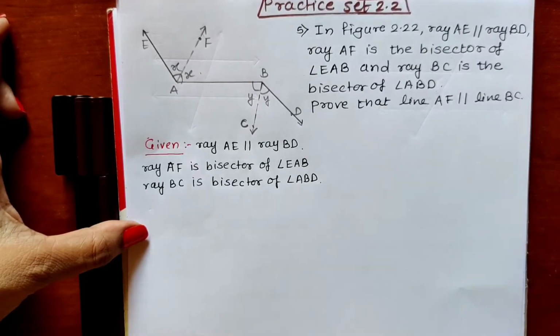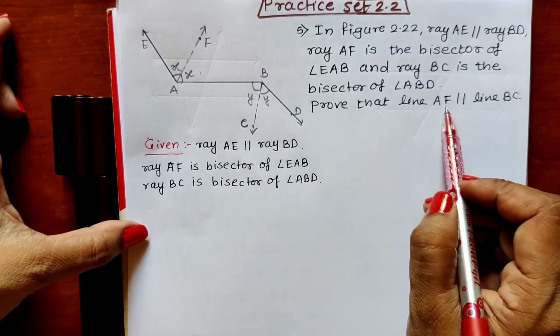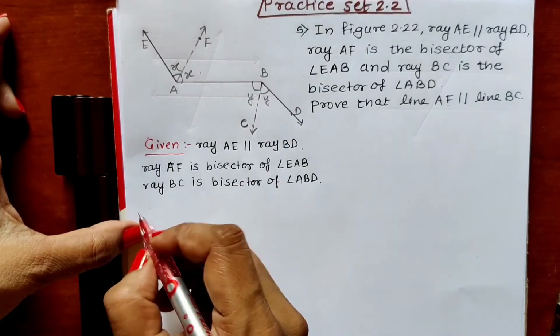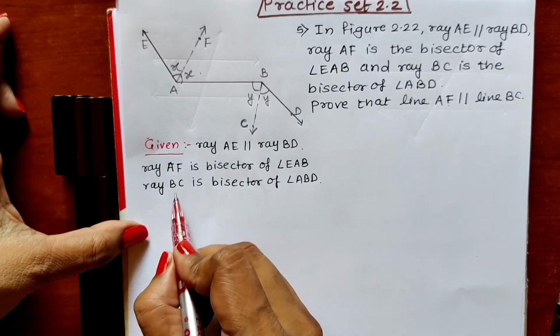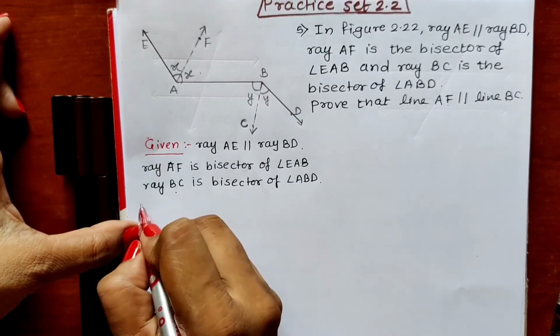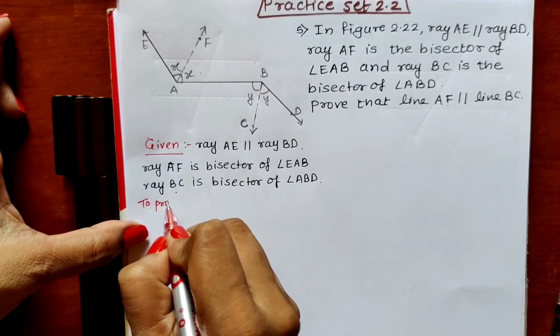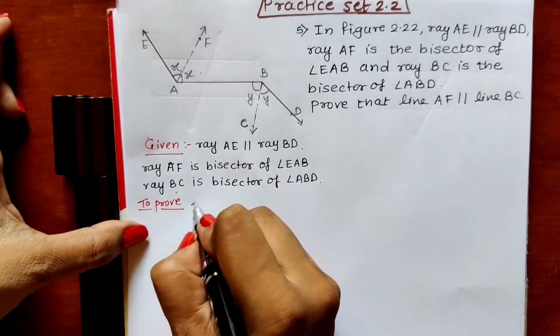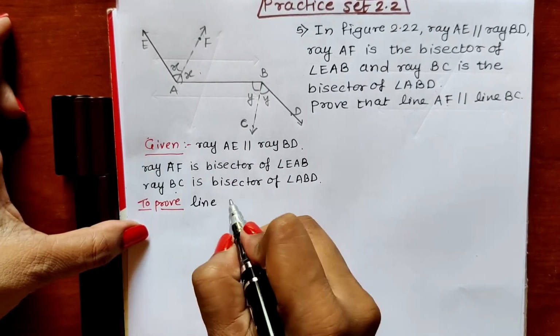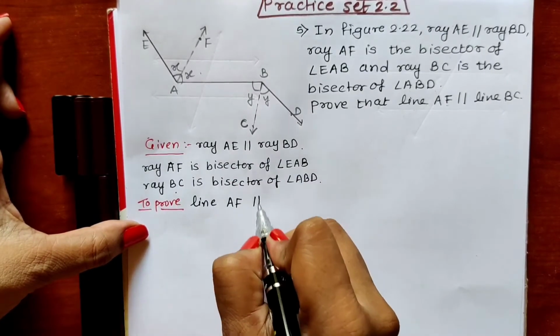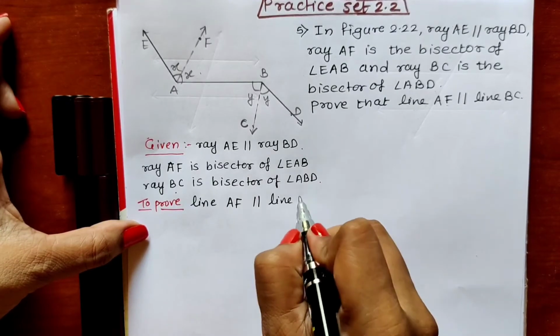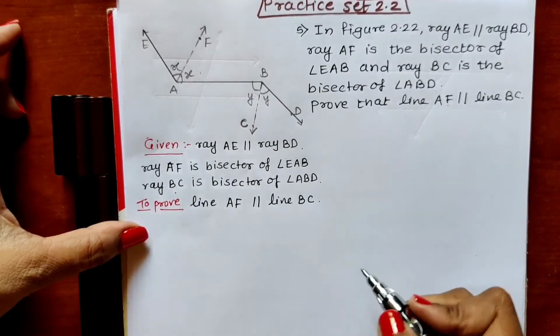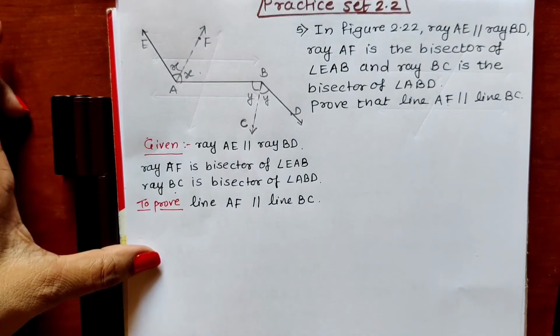Now what is to prove? To prove is line AF is parallel to line BC. That means ray AF is parallel to ray BC. We will have to prove this. To prove: line AF parallel to line BC. Now let us start our proof.